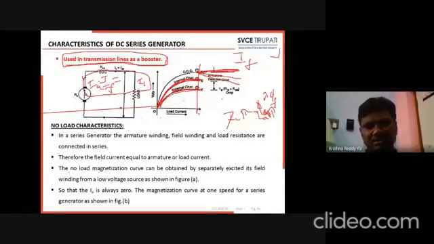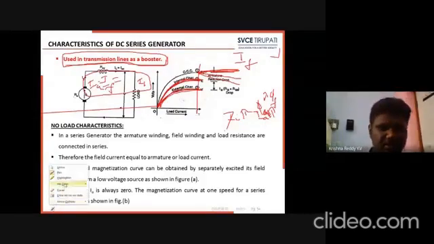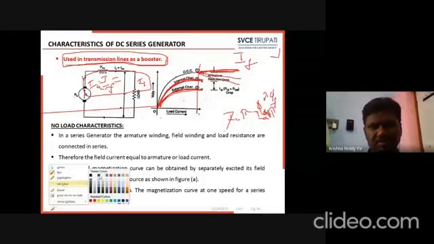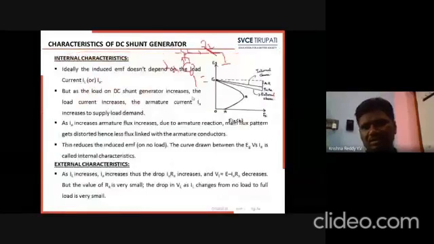Observe the difference between the DC shunt generator and the DC series generator. In the separately excited DC shunt generator, the field current and load current are both different. Here we consider the load current.